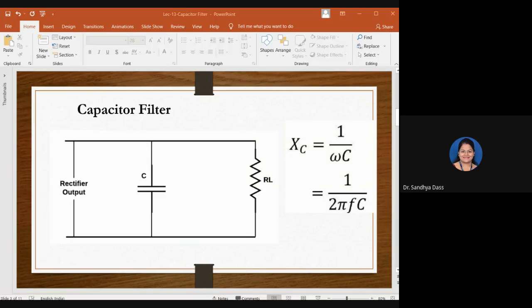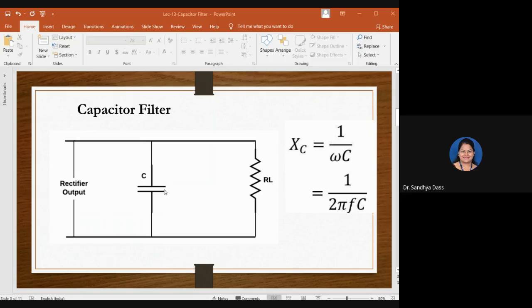So what happens exactly here is, as you can see, the capacitor is connected at the output of the rectifier. Initially, when the capacitor is still not charged completely, it charges from the rectifier output to the maximum value.